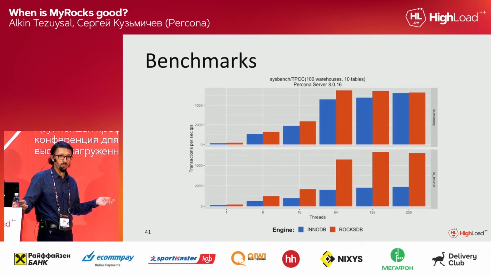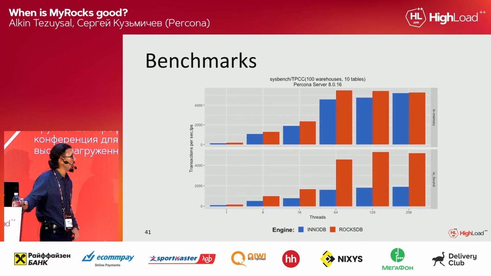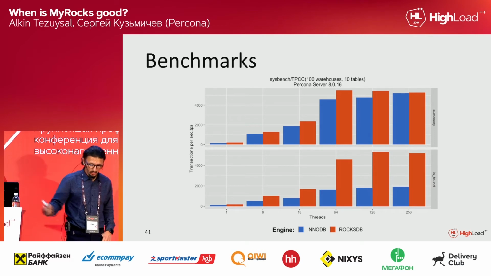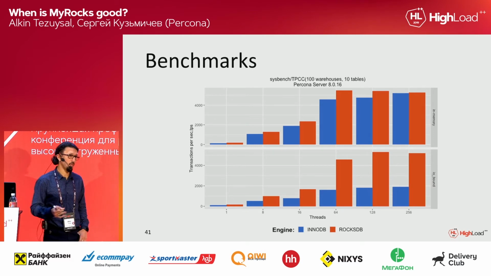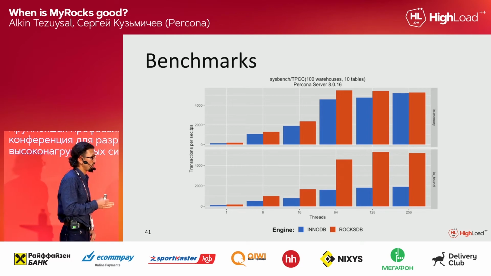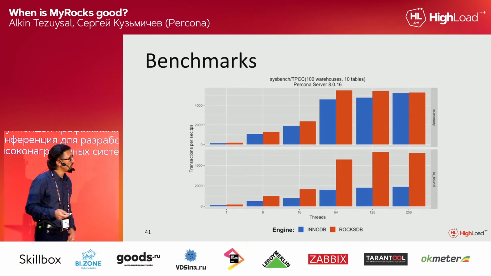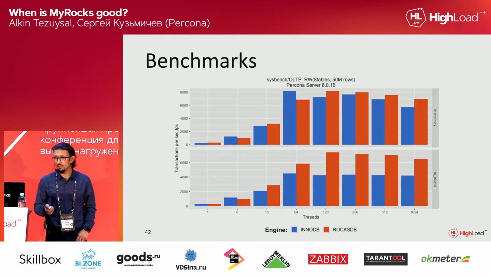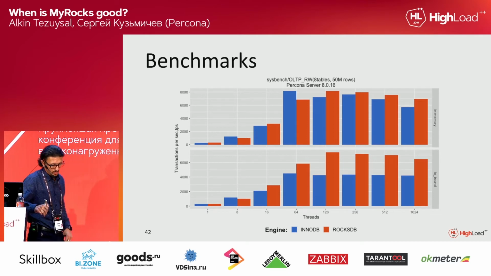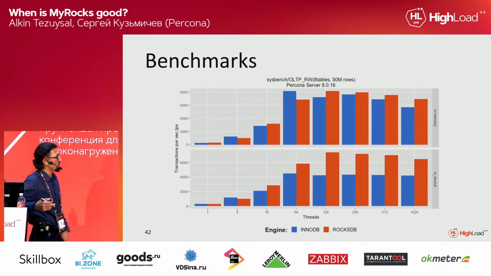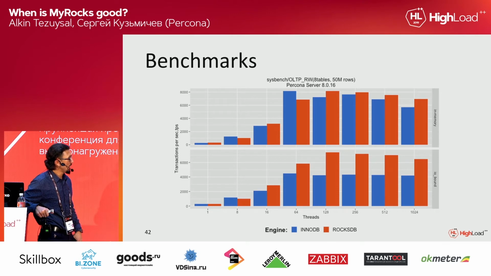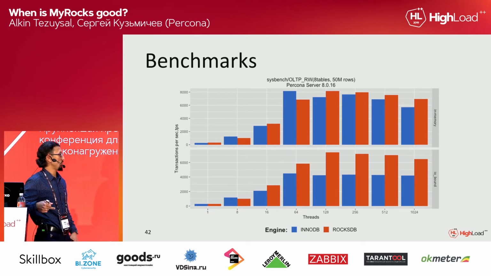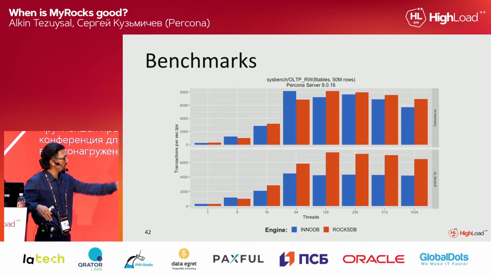For the writes, for the IO-bound load, MyRocks actually performed much better after 64 threads or more. There is another one I wanted to share with you with 8 tables, 50 million rows on Percona Server 8.0. The in-memory results were very close to each other and did not degrade much until 512 threads.